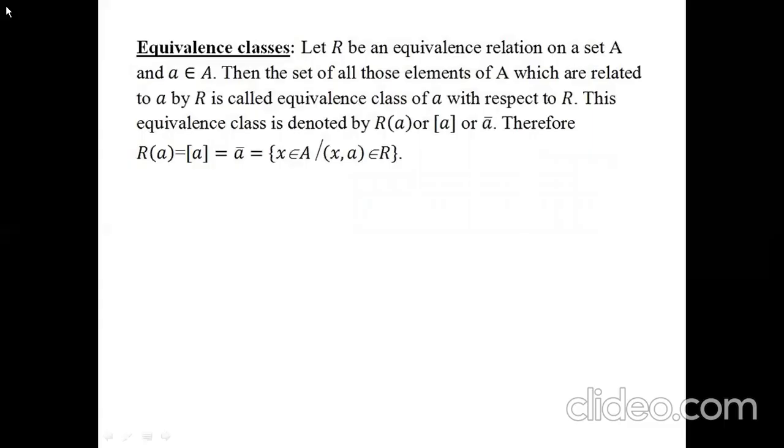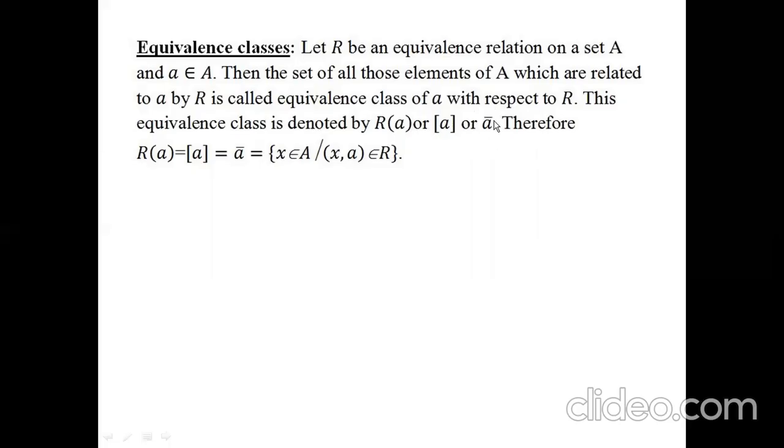Equivalence classes. Let R be an equivalence relation on a set A and the element A belongs to the set A. Then the set of all those elements of A which are related to A by R is called the equivalence class of A with respect to R. And this equivalence class is usually denoted by R of A, or simply within closed brackets we write A, or A complement, or A bar.